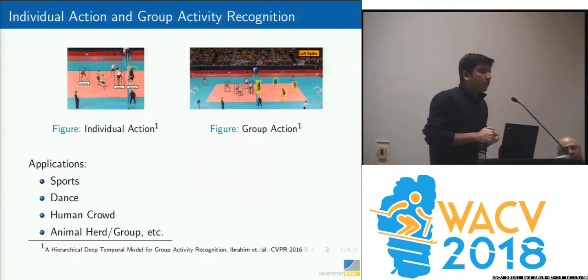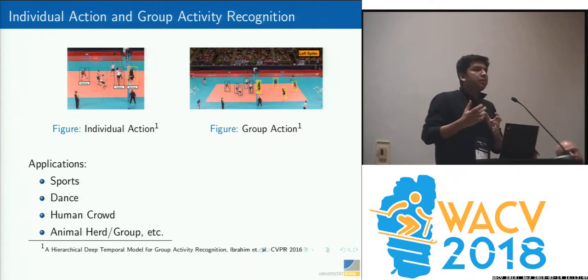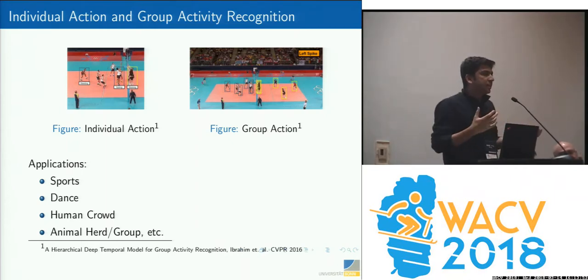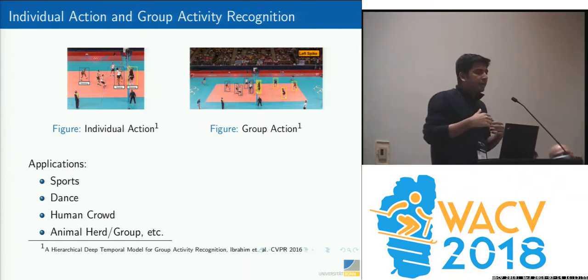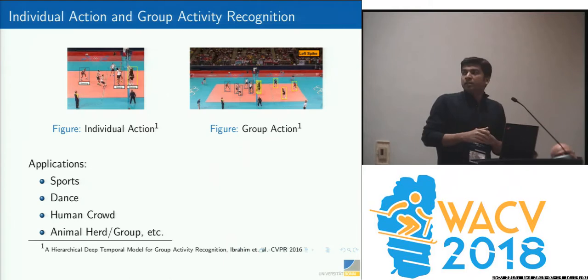So, what is individual action and group activity recognition? In a group of people, each person performs one single action, and these single actions could be related to other people, or unrelated, and together everything culminates into a group activity.